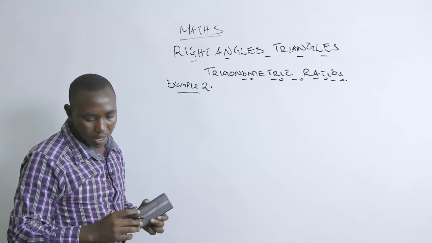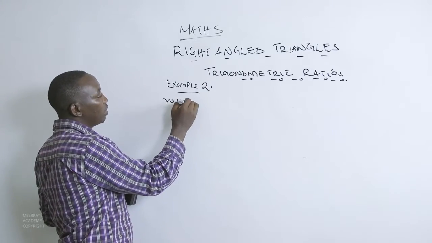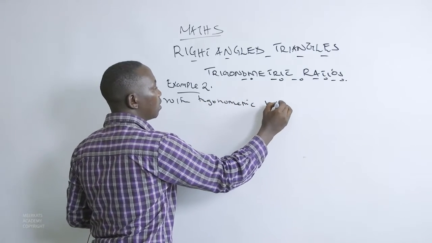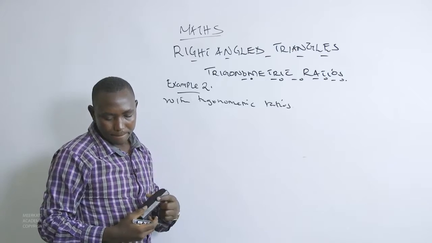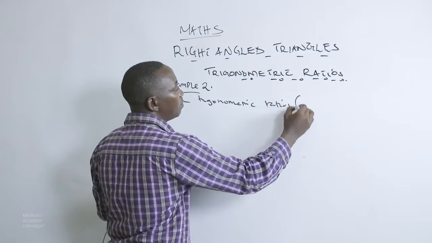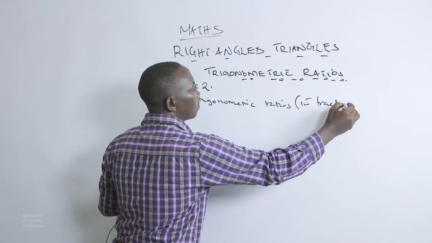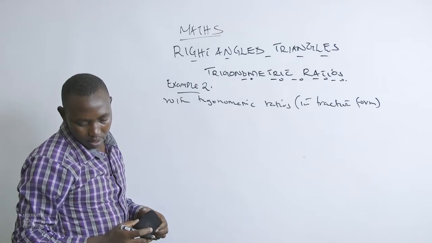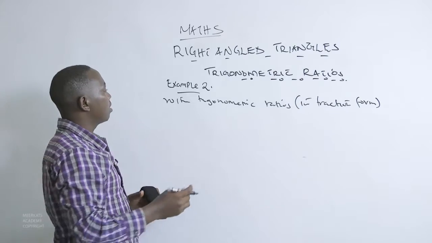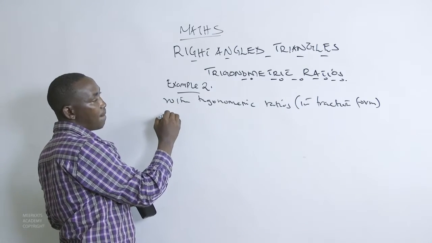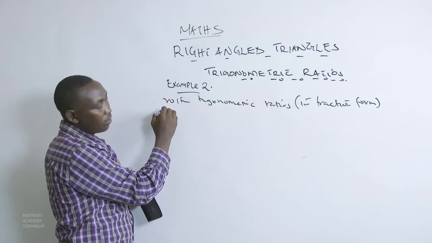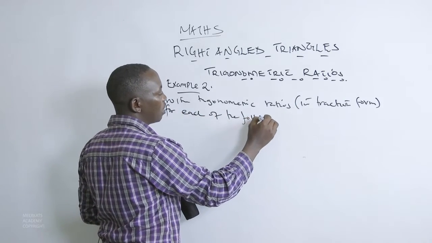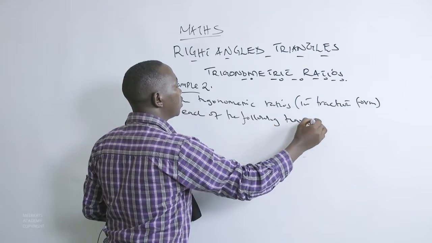Example 2. Write the trigonometric ratios in fraction form for each of the following triangles.